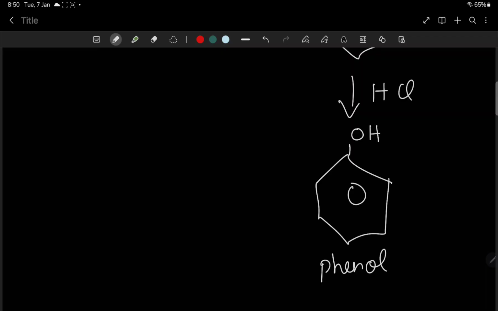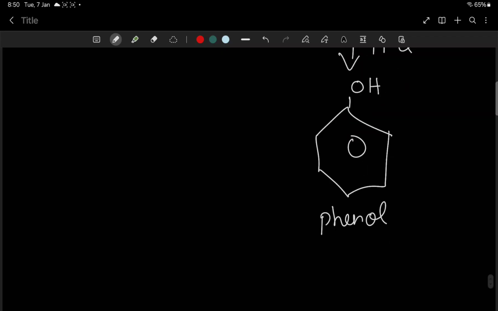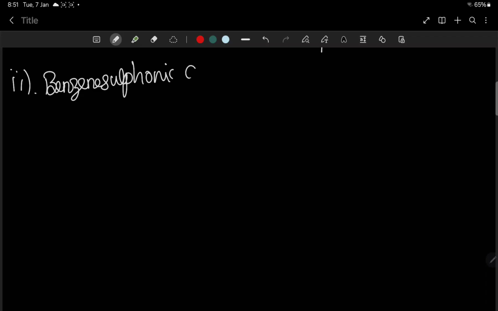So first we said from haloarene, that is nucleophilic substitution reaction. Now the second method for preparing phenol is from benzene sulfonic acid. First of all, take benzene and add oleum, H2S2O7.